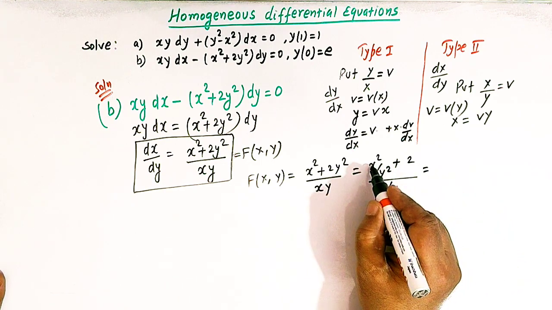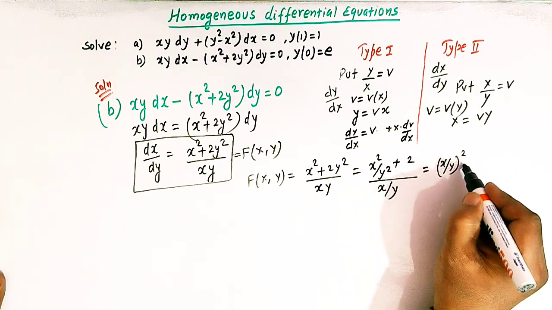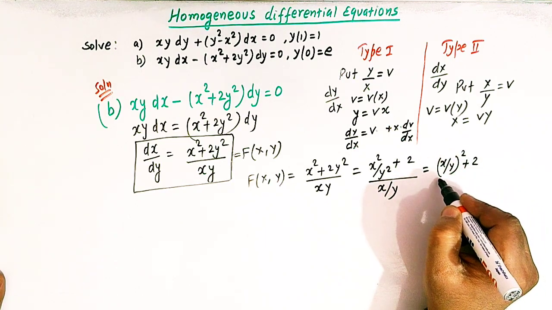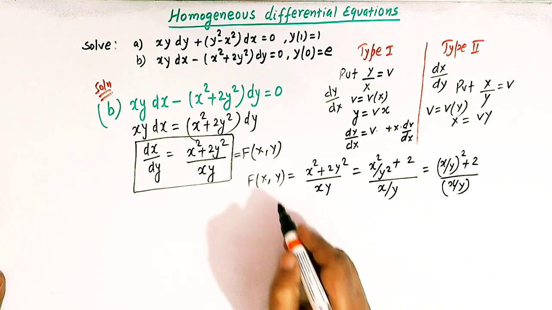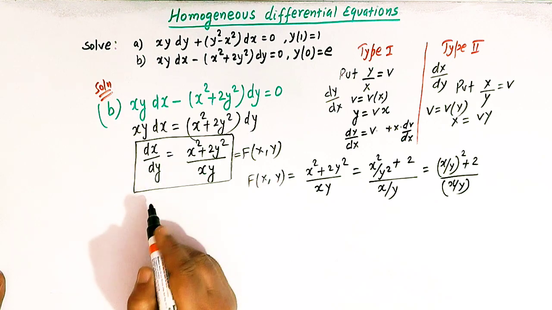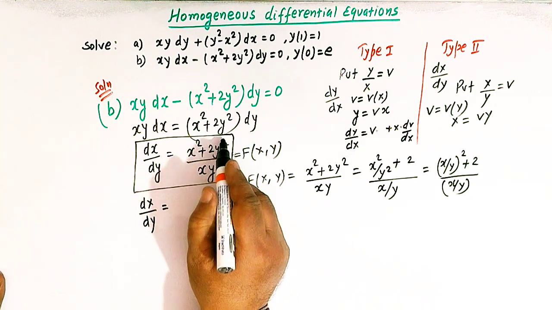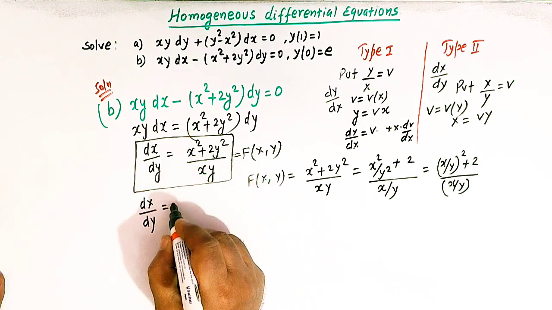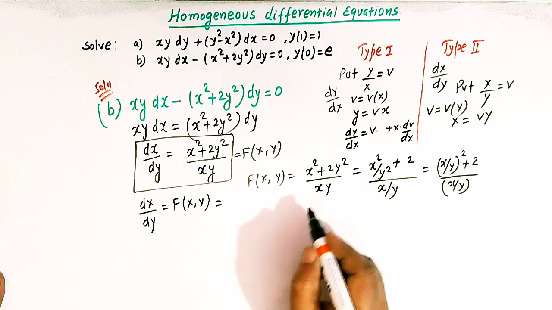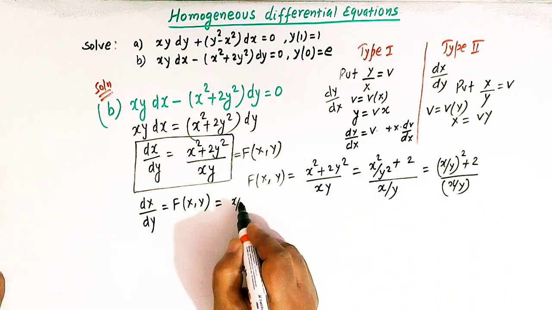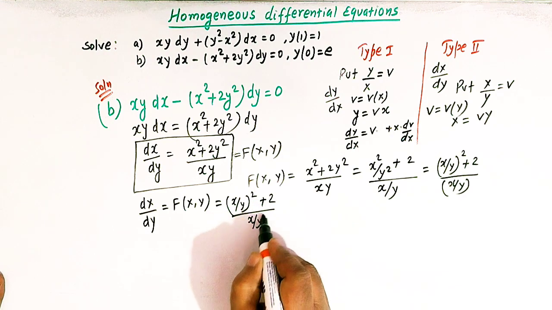So now we can write x square over y square as (x over y) square, and here we have plus 2, and here we have x over y, right? So now we can see that this dx over dy, which is equal to this function f of x comma y, is equal to (x over y) square plus 2 over (x over y).